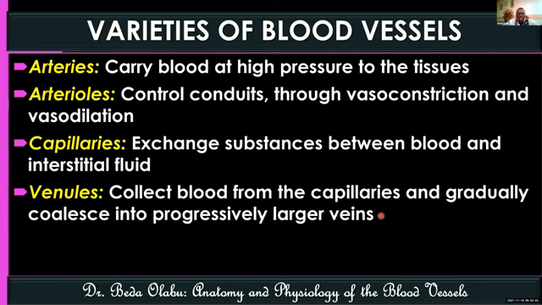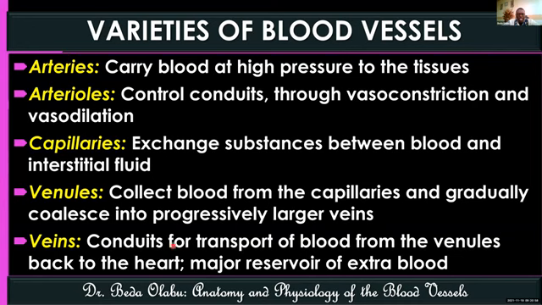But before we have the large veins, the smaller veins are called venules. So from the capillaries, you have venules, which take deoxygenated blood from the tissues, gradually joining to form the larger veins. And those larger veins are the ones that will now be carrying blood to the heart.